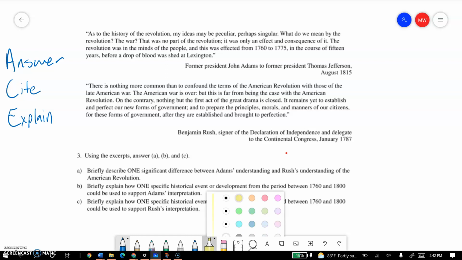Using this framework, we're going to take a look at these two different statements, the one from John Adams and the one from Benjamin Rush. Both of them are contemporaries of each other. The statements were made at different times, but both are about the same thing, the American Revolution. We know from reading our questions that we are going to describe one significant difference between Adams and Rush's understanding of the American Revolution.